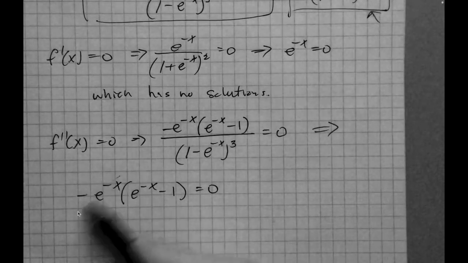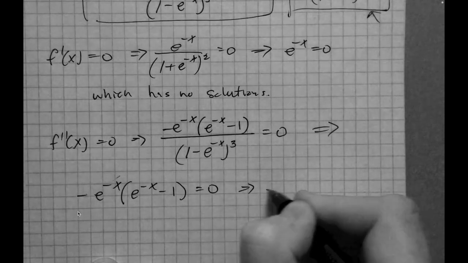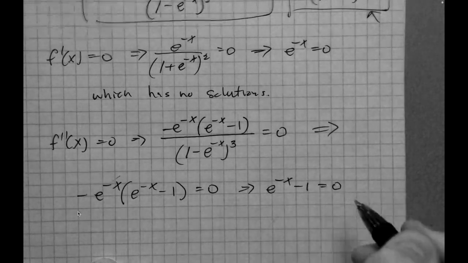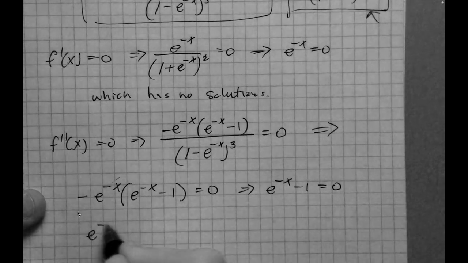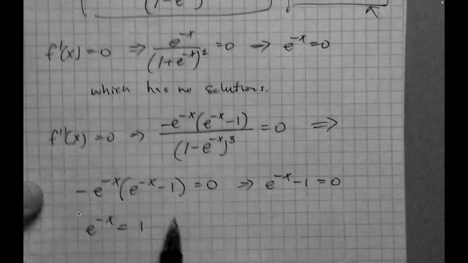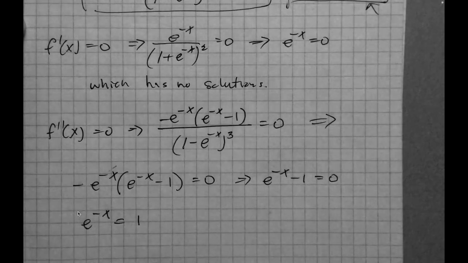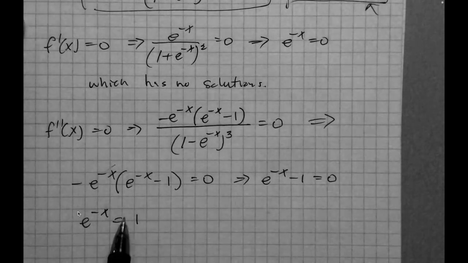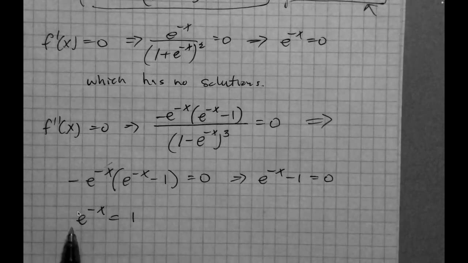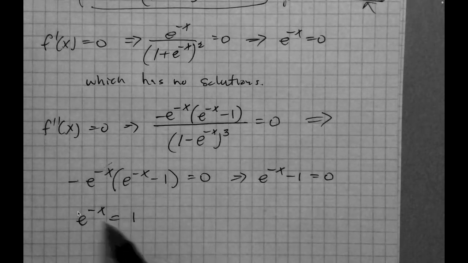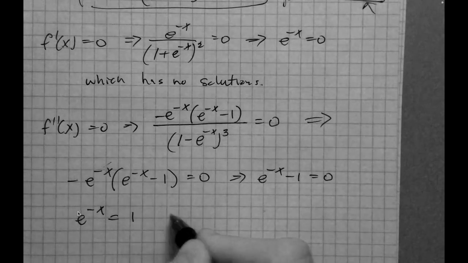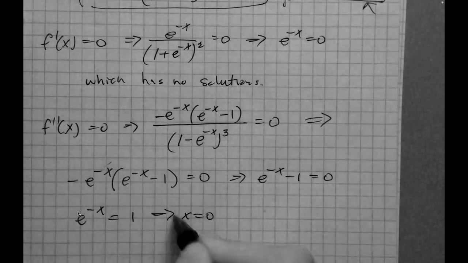And so this guy you can drop out as well. So e to the negative x minus 1 equals 0. And so we would have e to the negative x equals 1, right? Just doing that algebra there. And so where does this work? Well, this works at x equals 0, right? x equals 0 will produce 1. So that implies x equals 0.